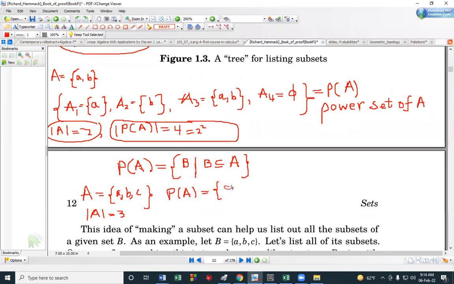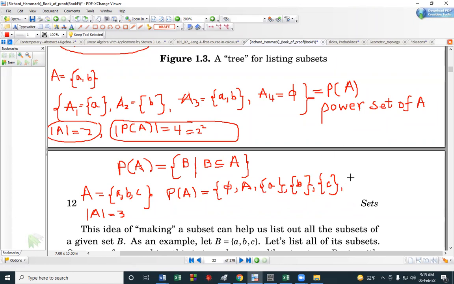So first, the null set, and A itself. There's a non-proper subset, and then proper subsets. Proper subsets include the singleton subsets. Let's list all of them: A, B and C. These are all the possible singleton subsets of the set A. 3 elements, so 3 singleton subsets.